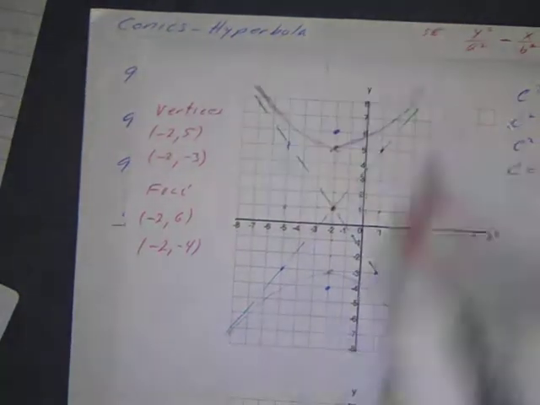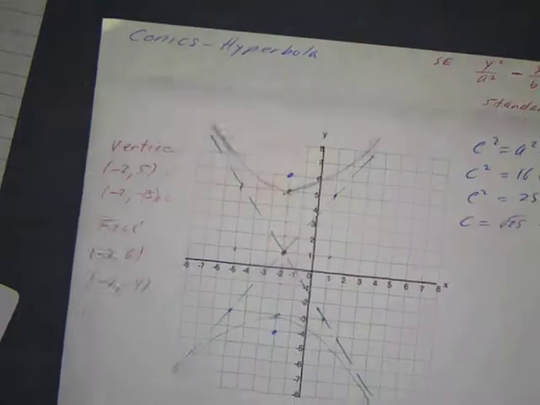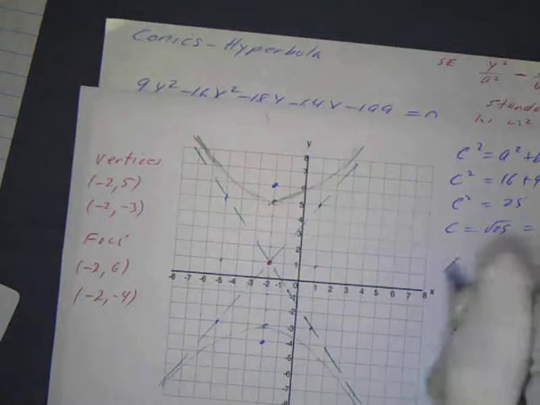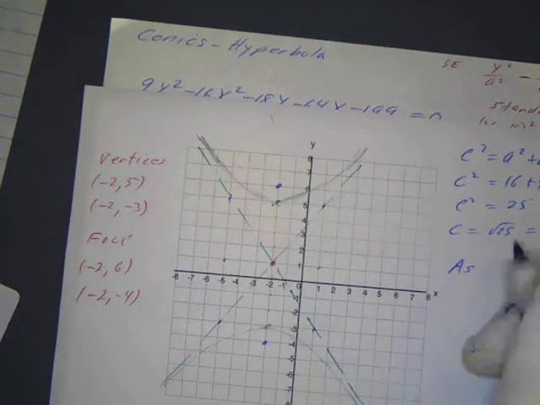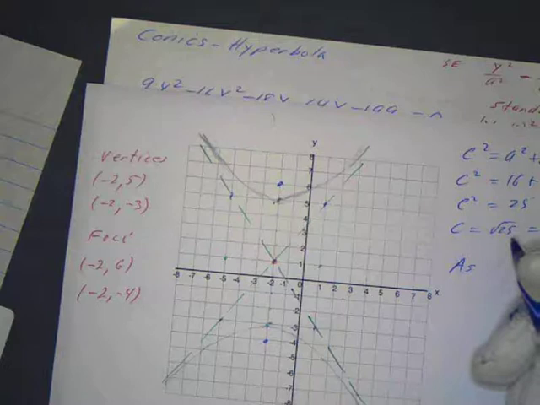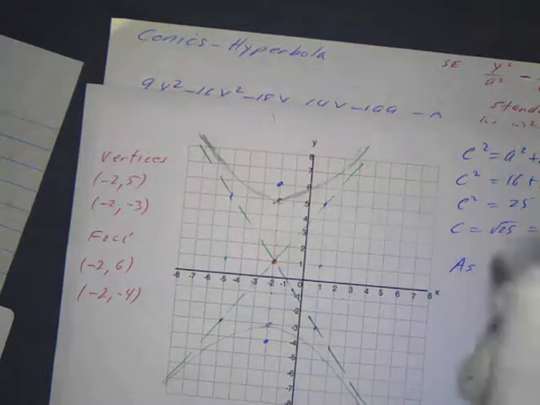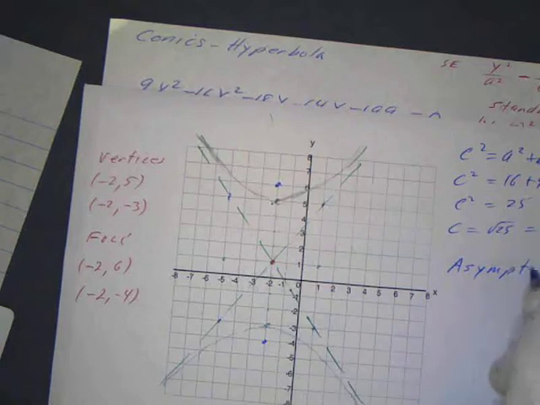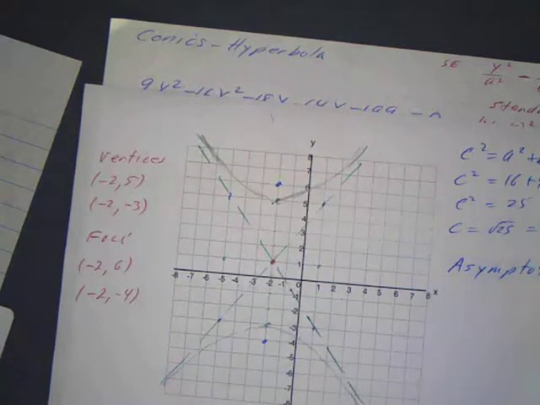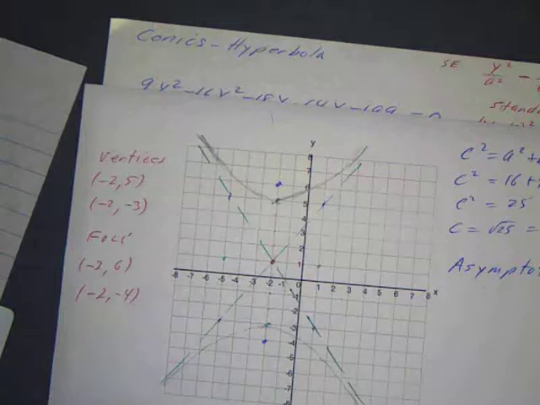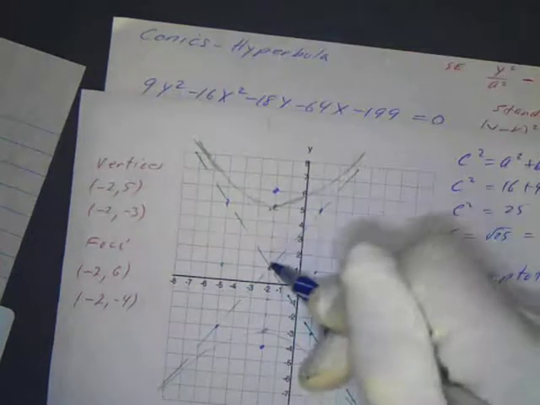So now we just have to find the equations of these two asymptotes. So this would be how we find our asymptotes. So the equation of my asymptotes, if I look at my slope, I can just find my slope.